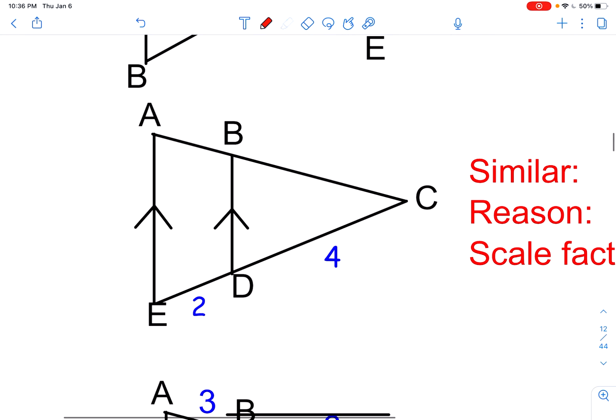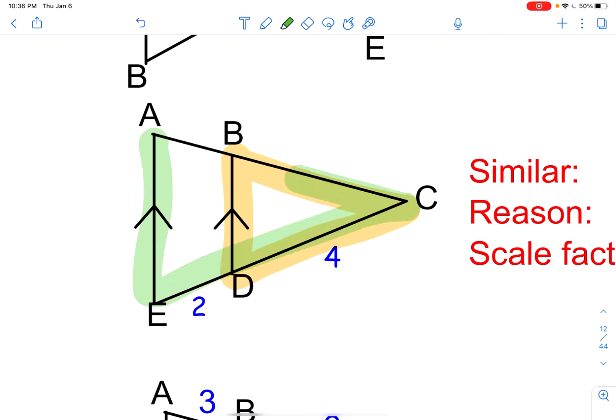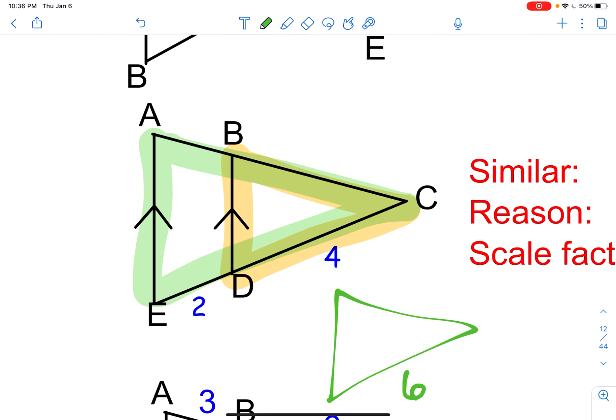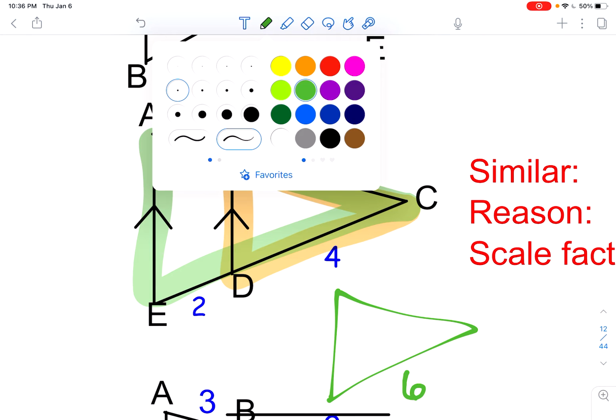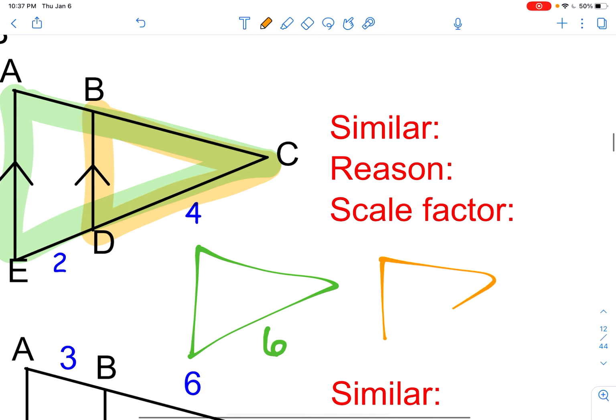But this one, here's the two triangles. This one and this one. So for my green triangle, the sides are, this is 6. For my orange triangle, this is 4.